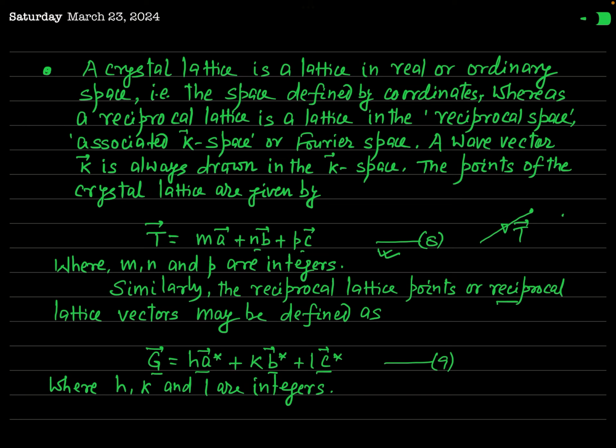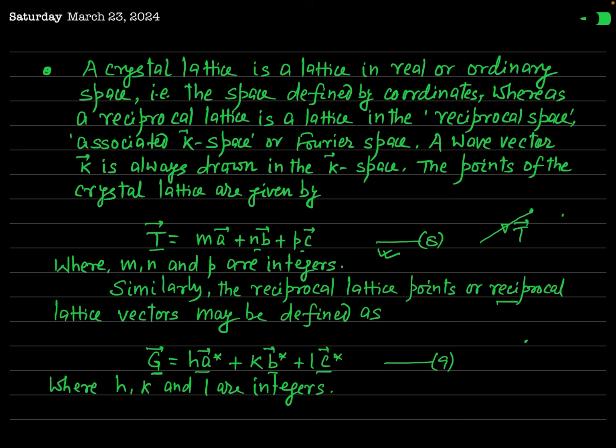Now you can see that this G and T are closely related to one another, where T is a translation vector in the direct lattice space, while this G is the reciprocal lattice vector defined in the reciprocal lattice space. Okay.